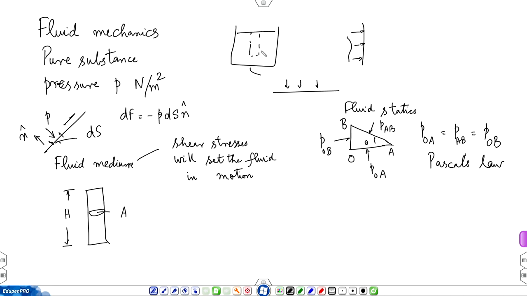In the beaker, you take a column of liquid and carry out a similar calculation under static conditions, no shear stresses. Now, at the top, it is atmospheric pressure.